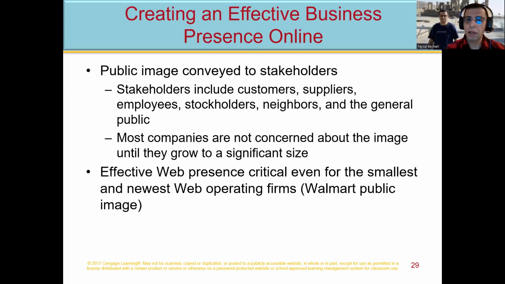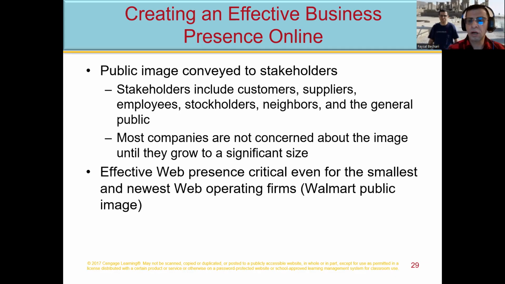So since there are different industries, the next question is, how can we create an effective business presence online? There is the public image conveyed to the stakeholders. You as a company want to have a public image conveyed to the stakeholders. But who are the stakeholders?